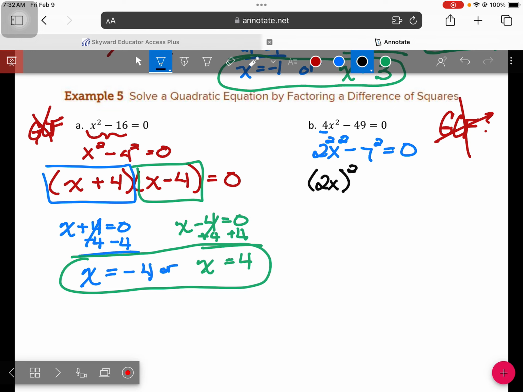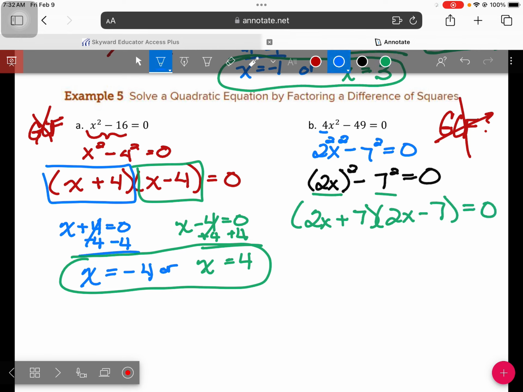So that is 2 squared and x squared minus 7 squared equals 0. And then I follow my factoring. Since this is squared minus this is squared, I'm going to say 2x plus 7 times 2x minus 7 equals 0.